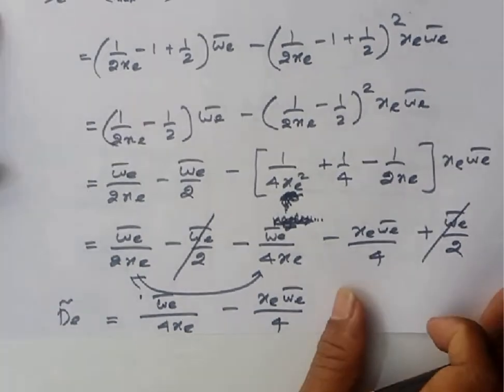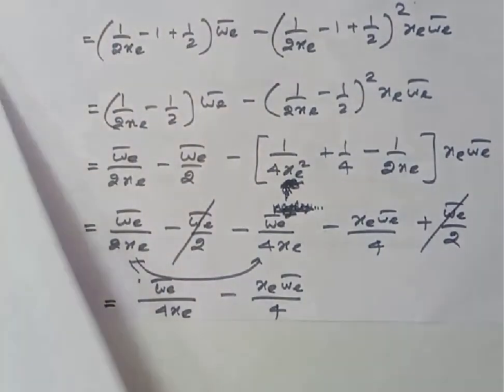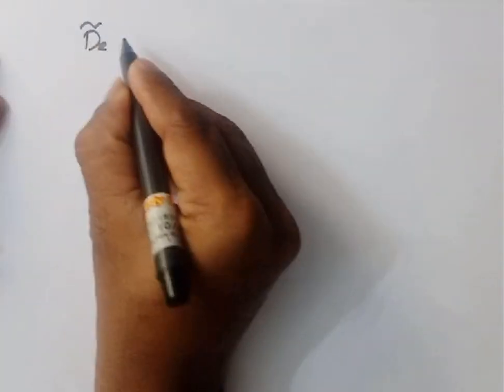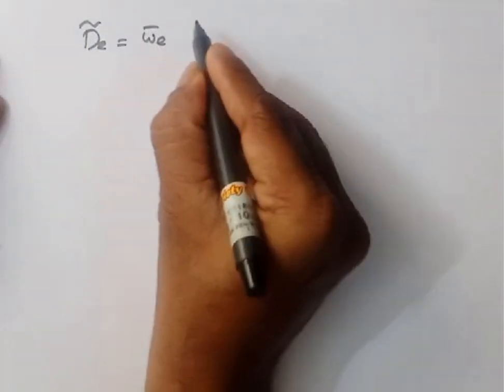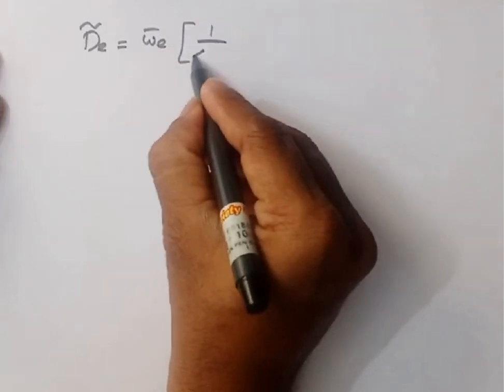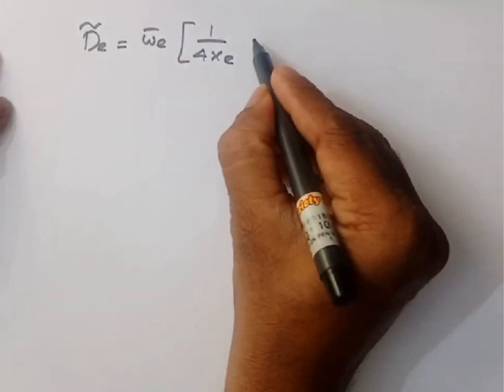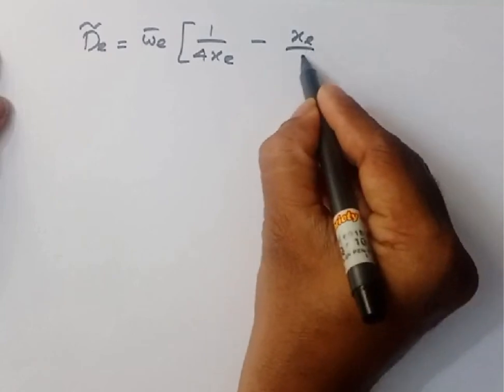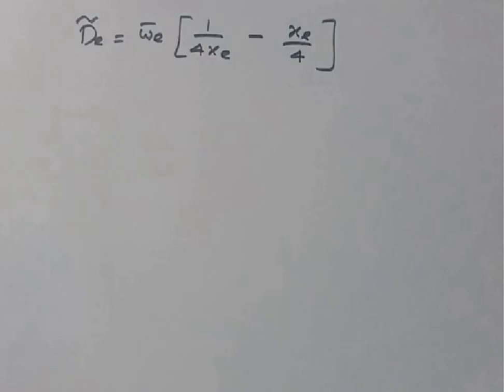Yeah, so we can calculate the equilibrium dissociation energy of the molecule using this formula. Or if I take omega e bar as common, I'll get D equal to omega e bar times 1 by 4xe minus xe by 4. Okay, take down.